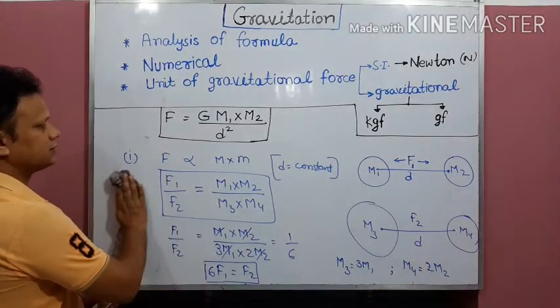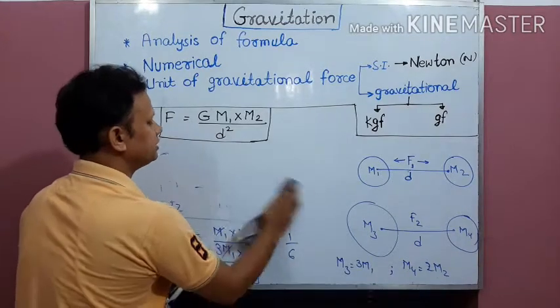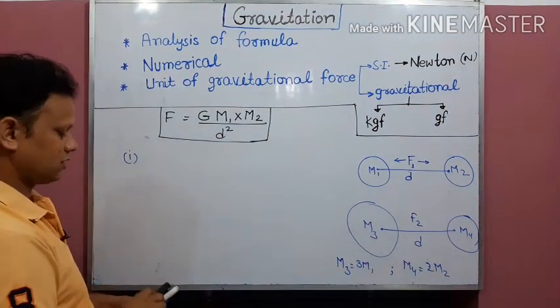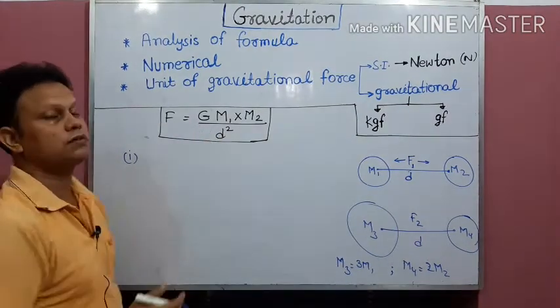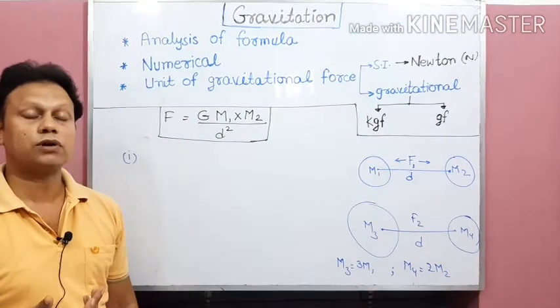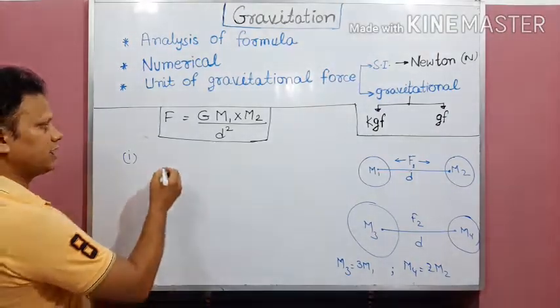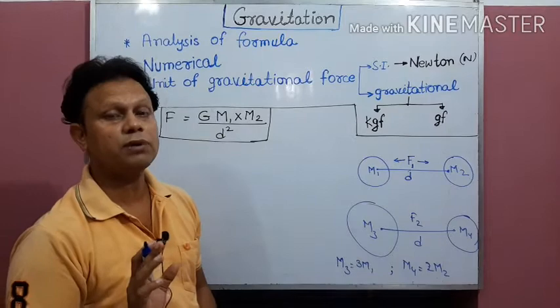Now the next factor which we have to consider is the distance. Now see, with distance what kind of relation does it follow? Inversely, and with square. So if I take that, in this situation masses will remain constant.